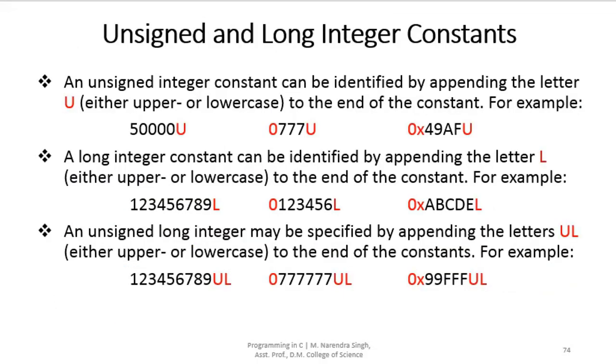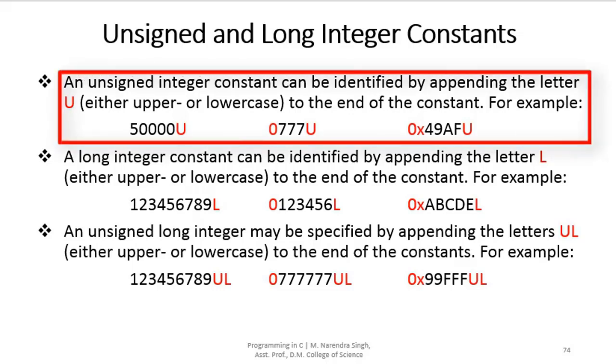Now, how to indicate an integer constant is unsigned or long integer constant. An unsigned integer constant can be identified by appending or suffixing the letter u, either in uppercase or lowercase, to the end of the constant. For example, u is appended to decimal integer constant 50,000 to indicate that it is an unsigned decimal integer constant.